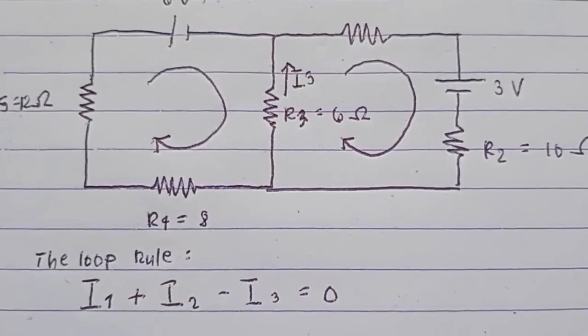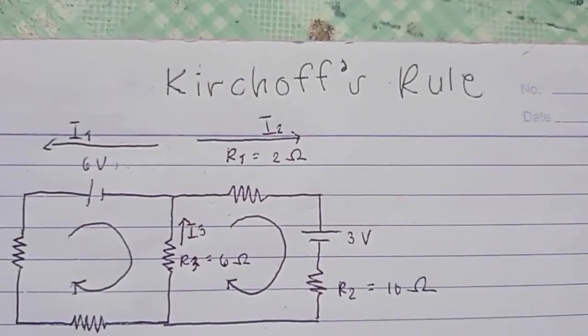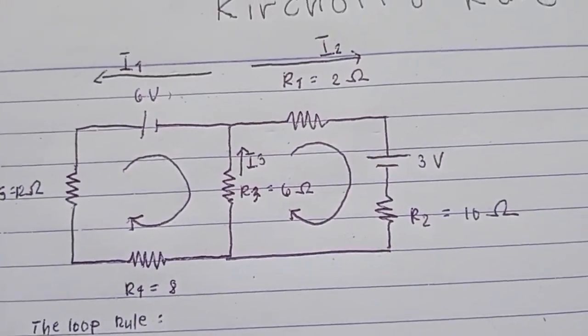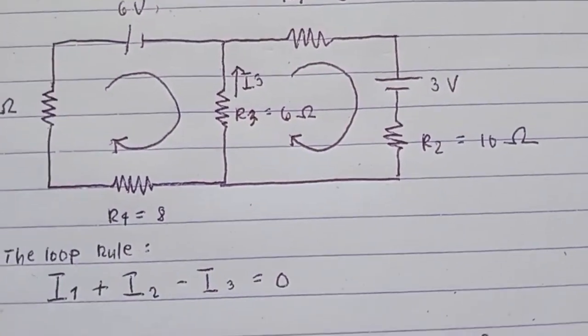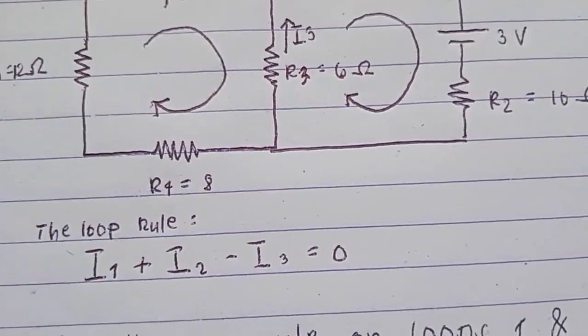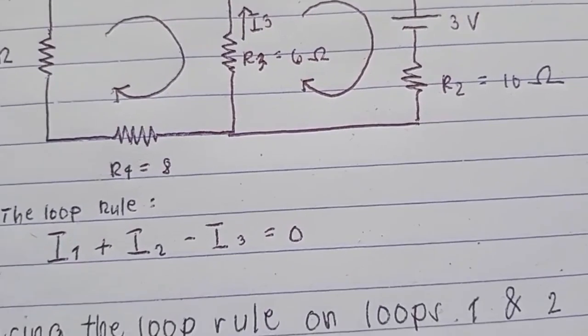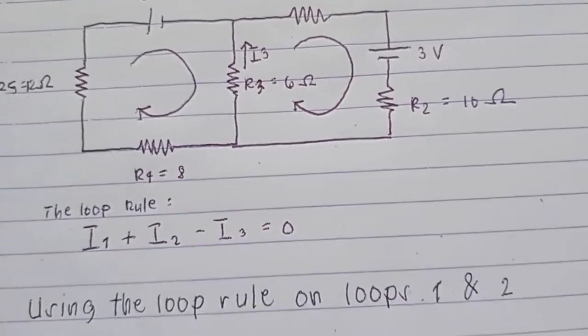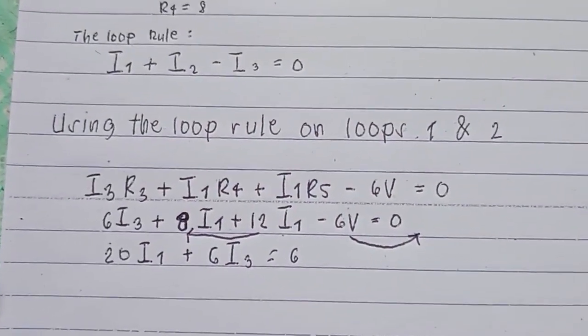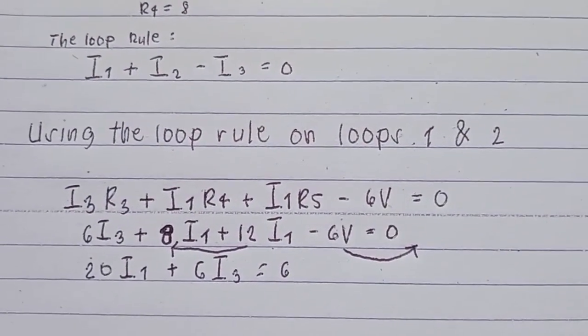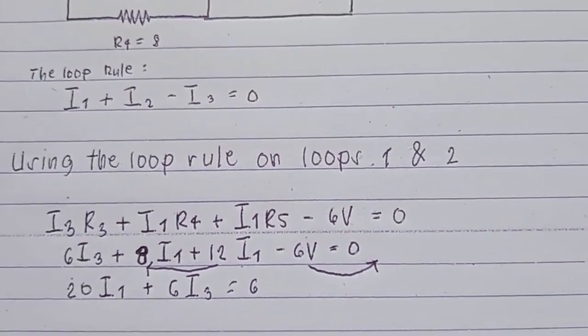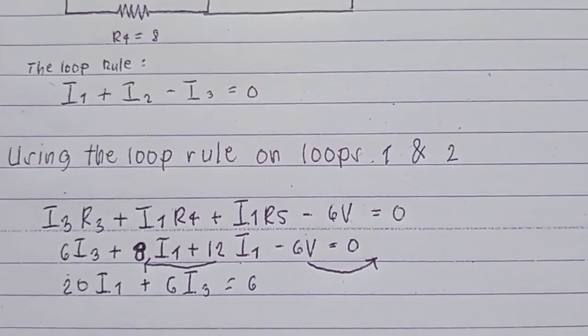It is according to Kirchhoff's rule, the junction rule: I1 plus I2 minus I3 is equal to 0. So moving on to our next formula, we use the loop rule on loops 1 and 2.